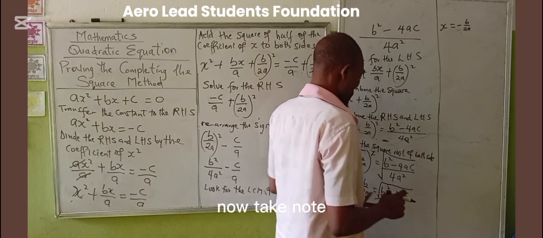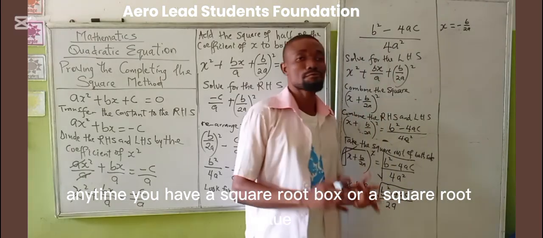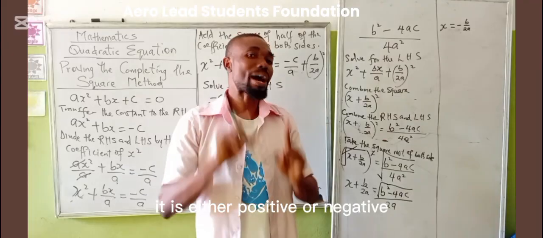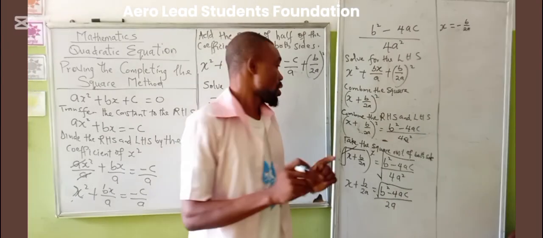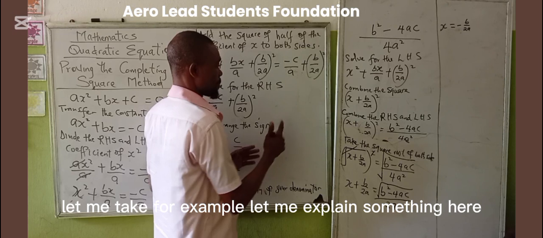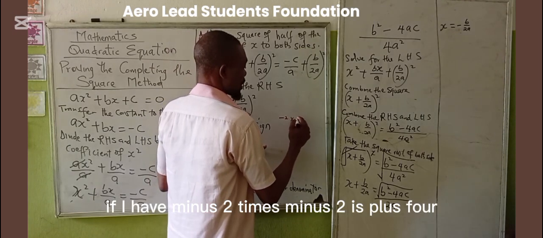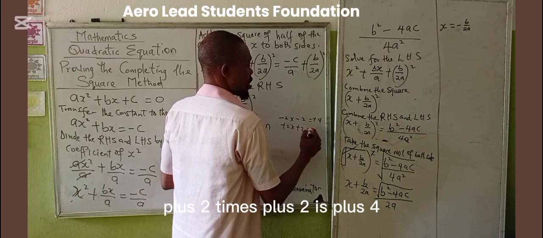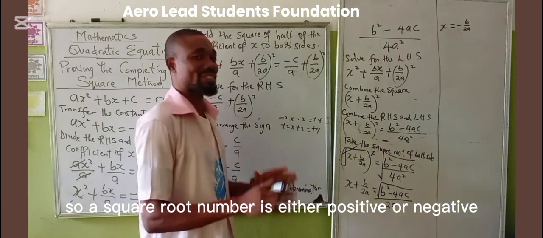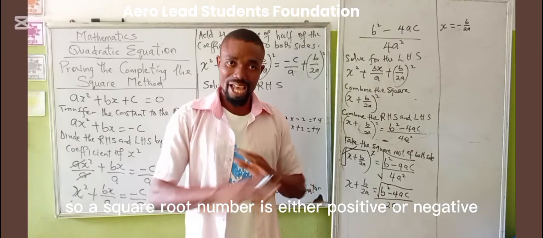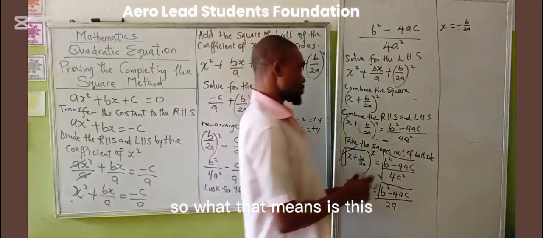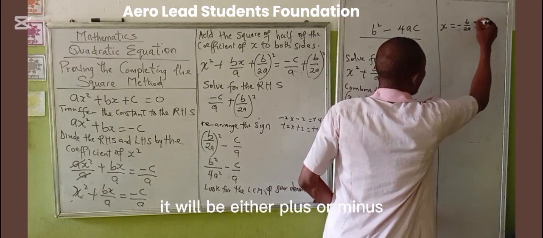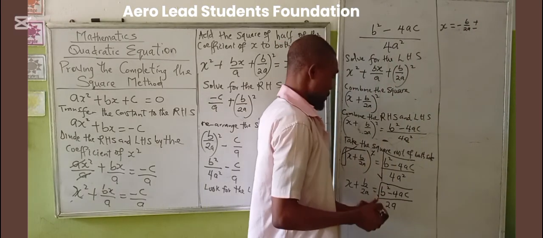Now take note, anytime you have a square root box or a square root value, it is either positive or negative. If I have minus 2 times minus 2 is plus 4. Plus 2 times plus 2 is plus 4. So a square root number is either positive or negative. Because of the square roots here, it will be either plus or minus.